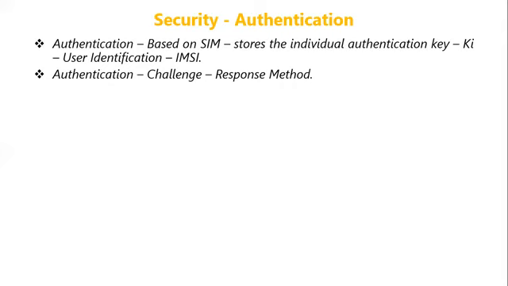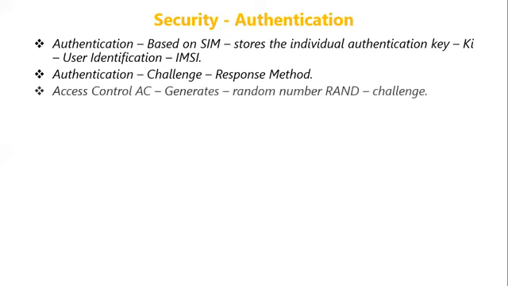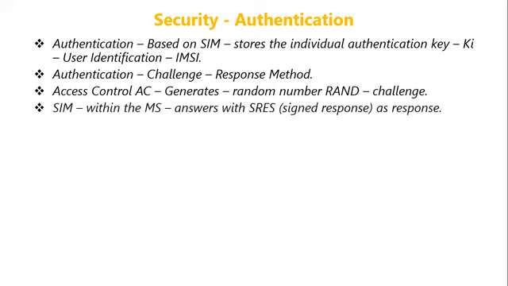The SIM stores the individual authentication key called Ki, the user identification IMSI, and the algorithm for authentication, which is A3. All these will be stored in the SIM: the authentication key, the IMSI number, and the A3 authentication algorithm.